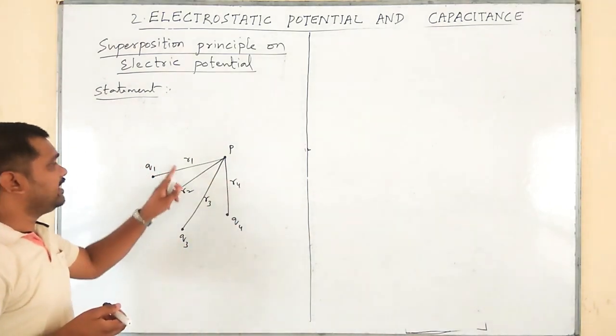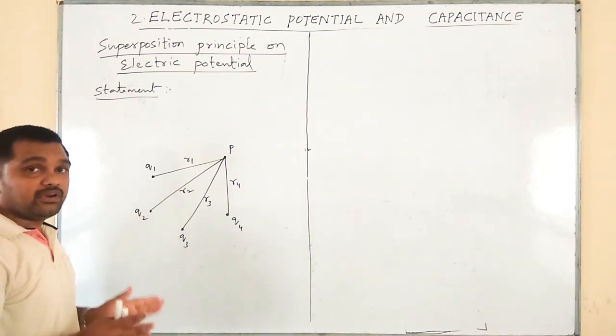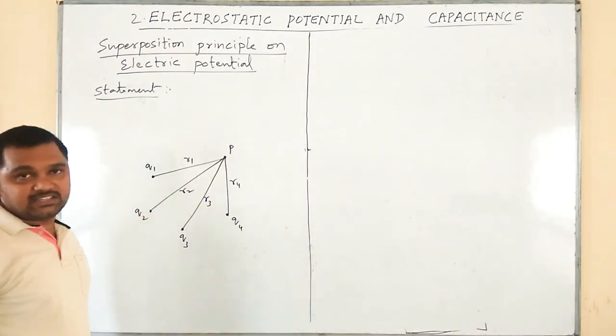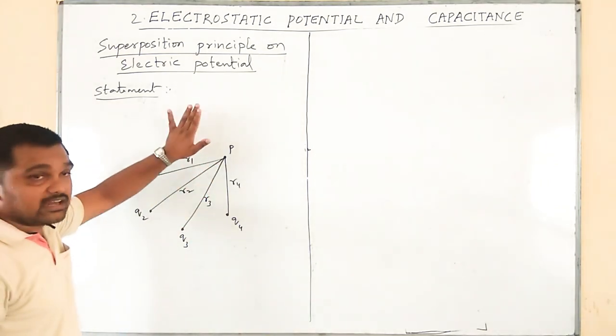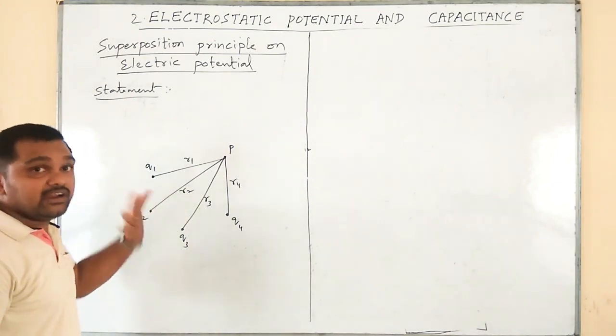We should not write any directions here because electric potential is a purely scalar quantity. It is the amount of work done by a charge. Therefore, it is a scalar quantity and we should not write any arrow marks showing direction.